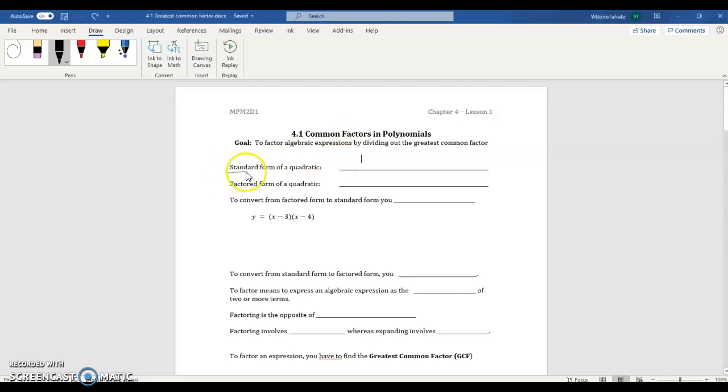The first form that you're familiar with is the standard form, which is the form y is equal to ax squared plus bx plus c, where c is a constant.